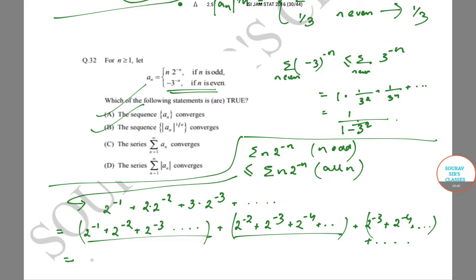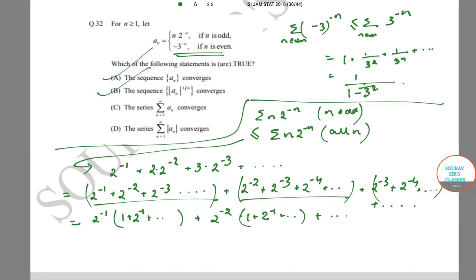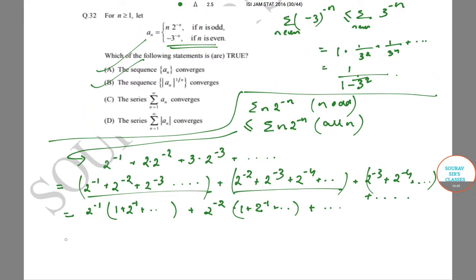So this is just 2 to the minus 1 times this geometric series, plus 2 to the minus 2 times this geometric series, plus 2 to the minus 3 times, and so on. The sum of this geometric series is 1 by 1 minus half, which is equal to 2.